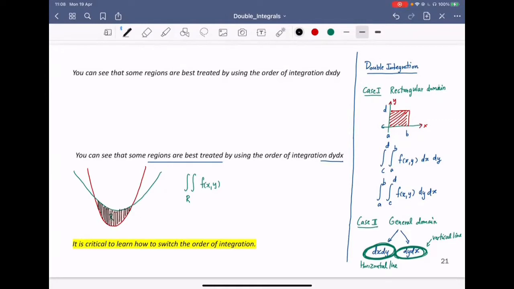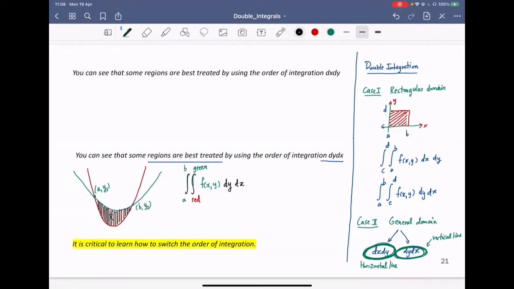Let's pick dy dx, and the order of integration is going to be y from the red curve to y on the green curve on the top. Suppose that this is the point x equals a, with y equals y1, and this is the point b and y2. Then you're going to integrate the outside from a to b.